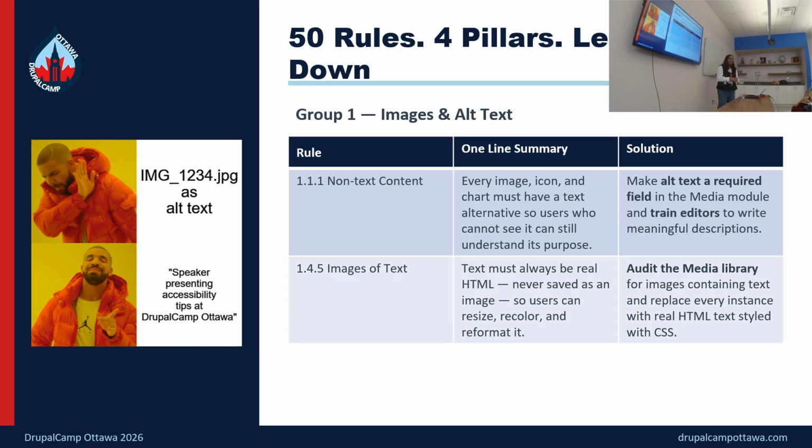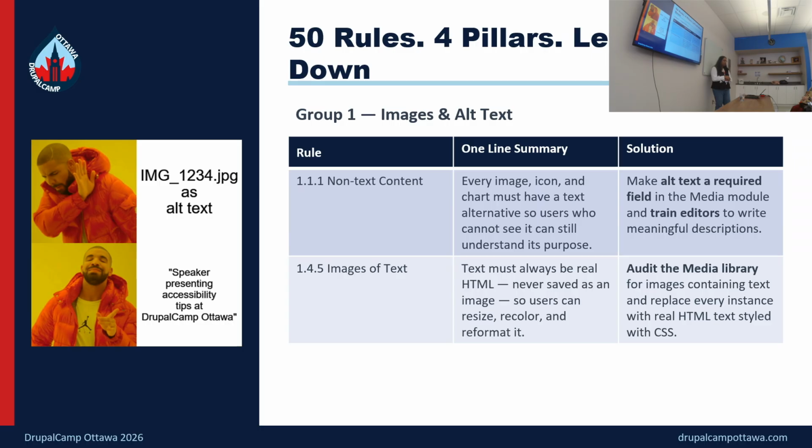But if you have anything that is decorative and doesn't have any context, then you can mark it as decorative. The solution is to make alt text a required field for all image fields inside media modules, or train the users to write a meaningful description.